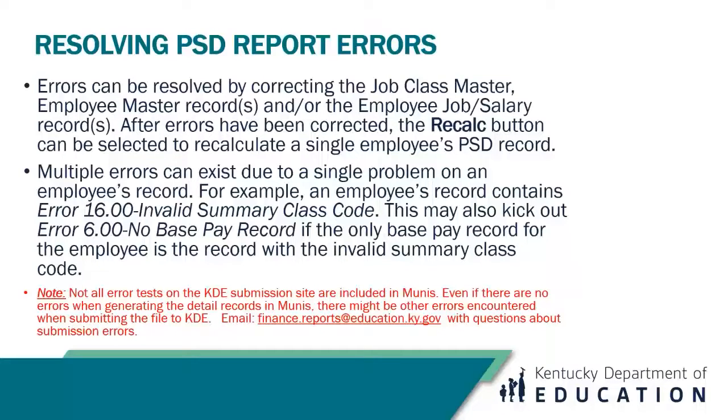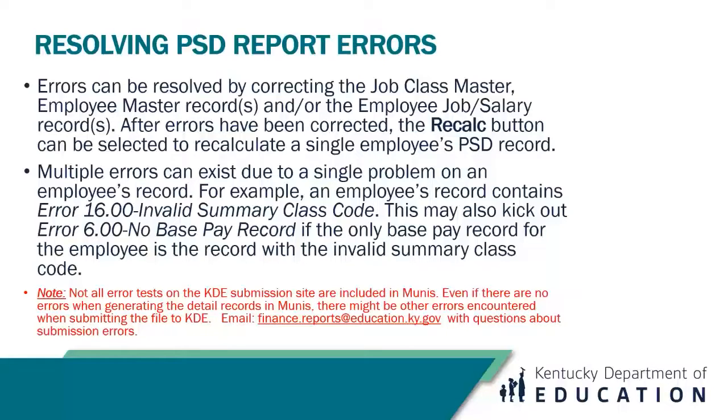This may also kick out error 6, which is the no base pay record, if the only base pay record for the employee is the record with an invalid summary class code. So sometimes you'll get one error, or you may get 4, but all based off one bit of information. When you correct that one bit of information, it's like a domino effect. It's going to correct all the other error messages that you have.